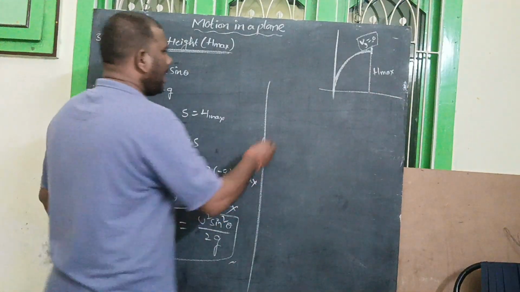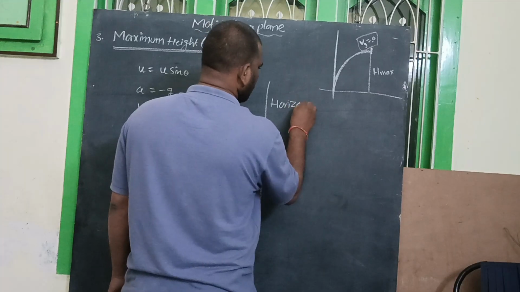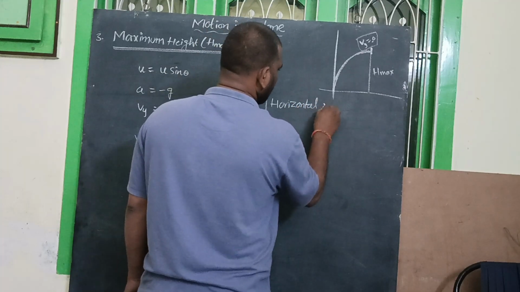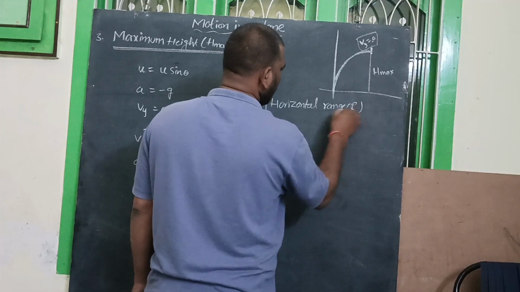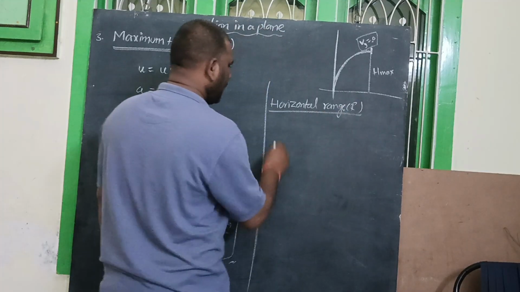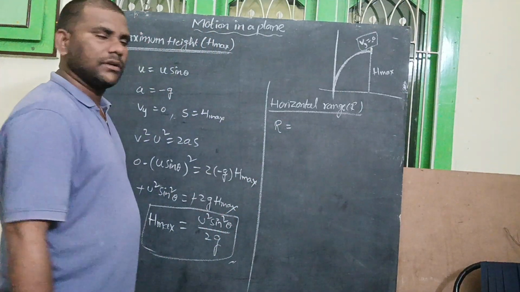And next one, horizontal range. Horizontal range is equal to horizontal velocity into time of flight.